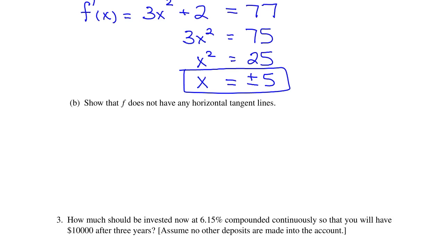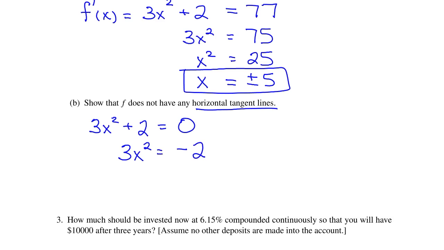Question B. Show that this f does not have any horizontal tangent lines. Well, if it did have horizontal tangent lines, then that would be the derivative equal to 0, which is 3x squared plus 2 equals 0. If I try to solve this, I get 3x squared equals negative 2, and then x squared is equal to negative 2/3.